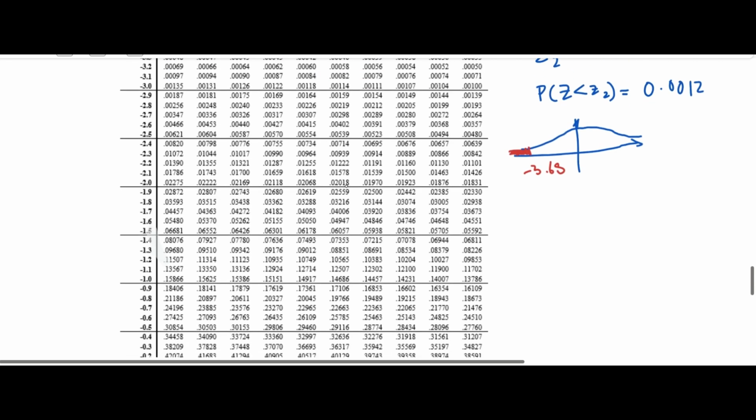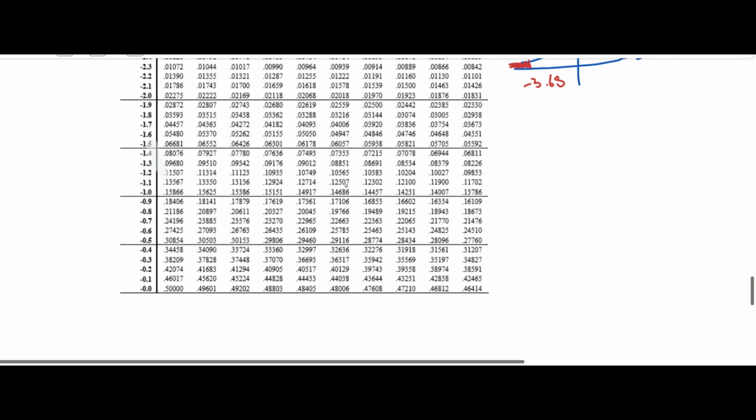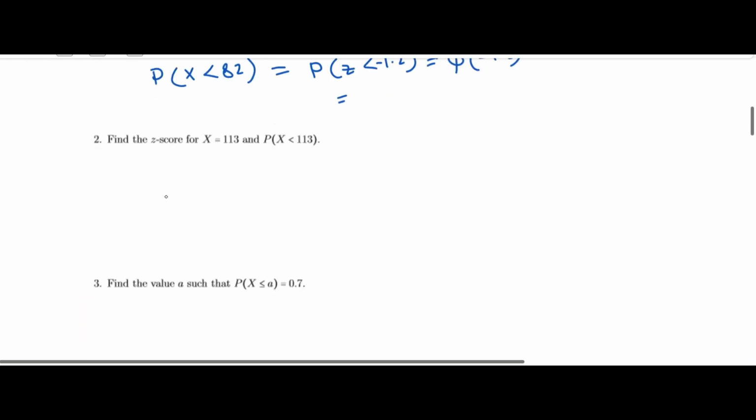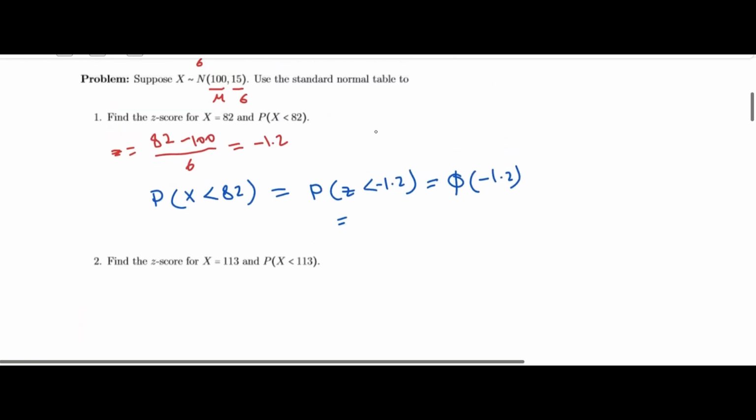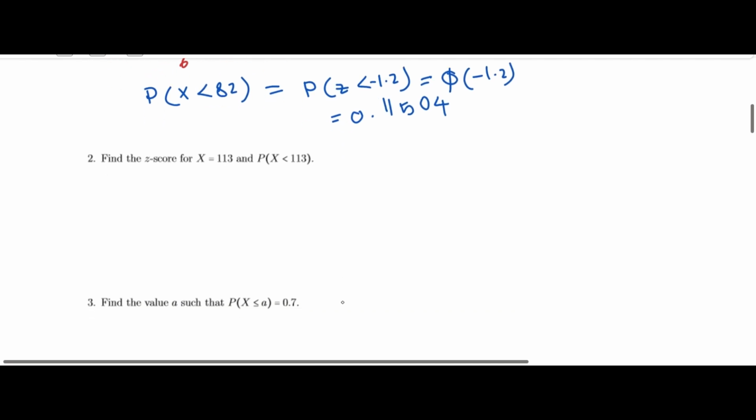Negative 1.2 is right there, and it's sort of a round number. So this is the probability that we have, and let's write it out: that is 0.11504.